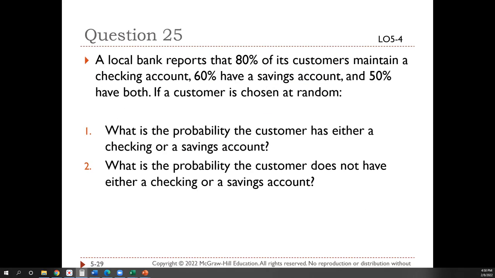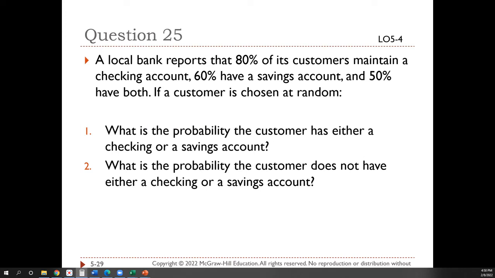All right. 25. A local bank reports that 80% of its customers maintain a checking account. 60% have a savings account. And 50% have both. Okay? Again, we're dealing with that commonality where we have two separate ones, and then some that have both.